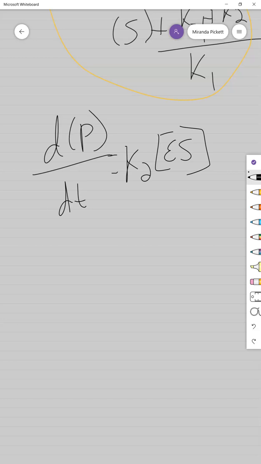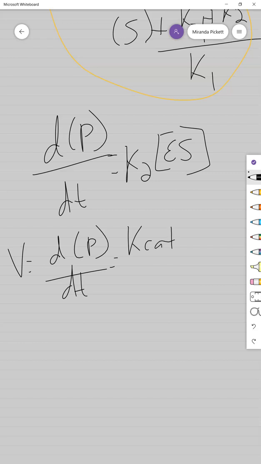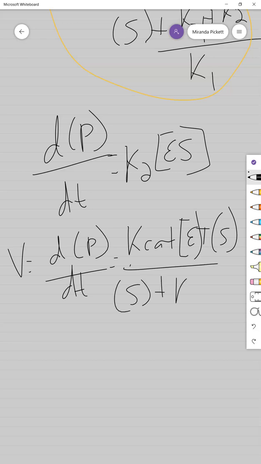Alright, so once we do all that, we're basically going to get velocity. And velocity, or V, is basically just the reaction rate. And it's going to equal dP over dt, which also will end up equaling kcat times our total enzyme times our substrate over our substrate plus our Km.